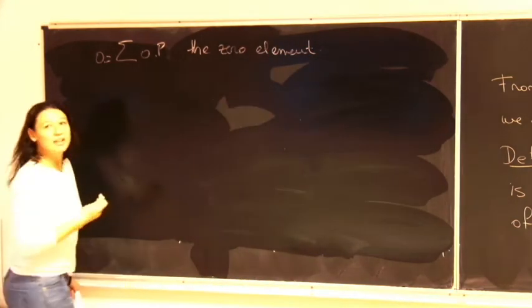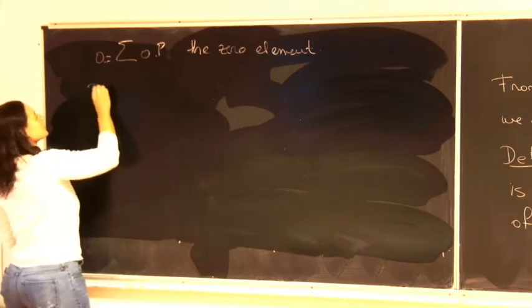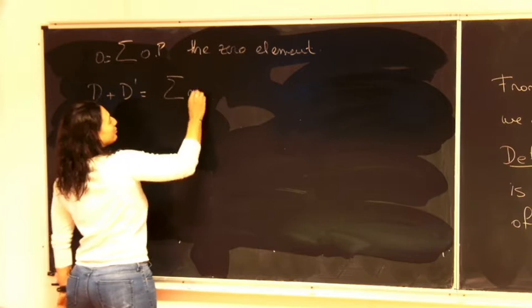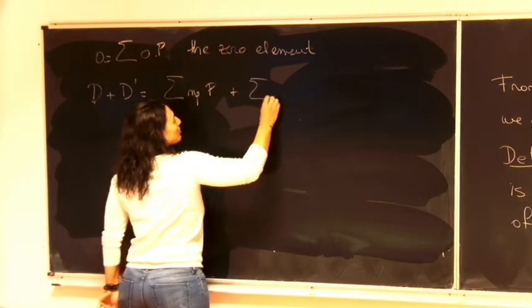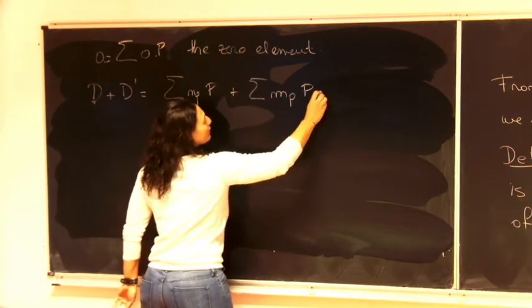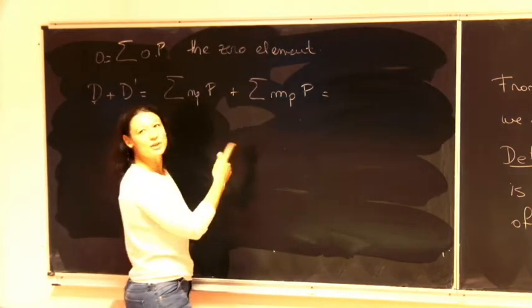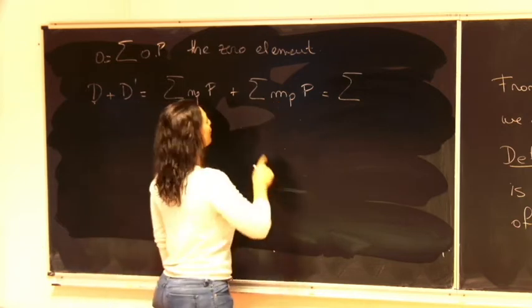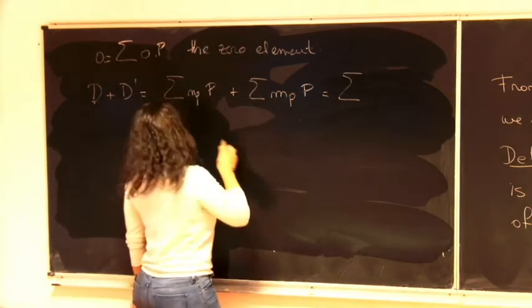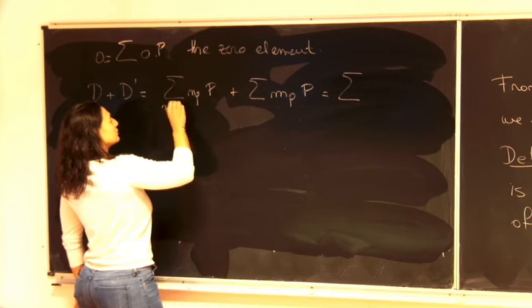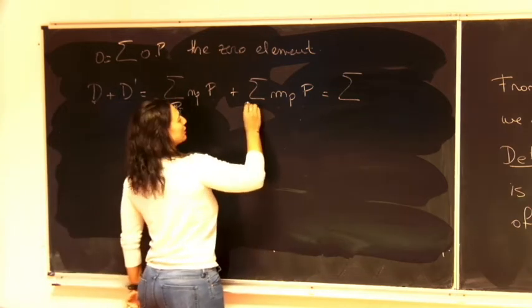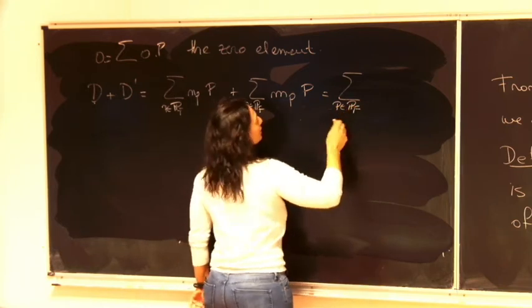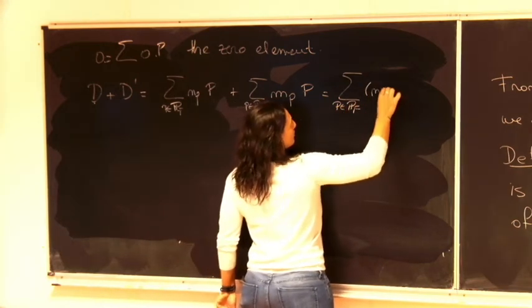And the sum is what it should be: if I have two divisors, D and D prime, which are the sum of NP times P and the sum of N'P times P, then I can sum these two divisors, adding the coefficients for the same place, so this is NP plus N'P.